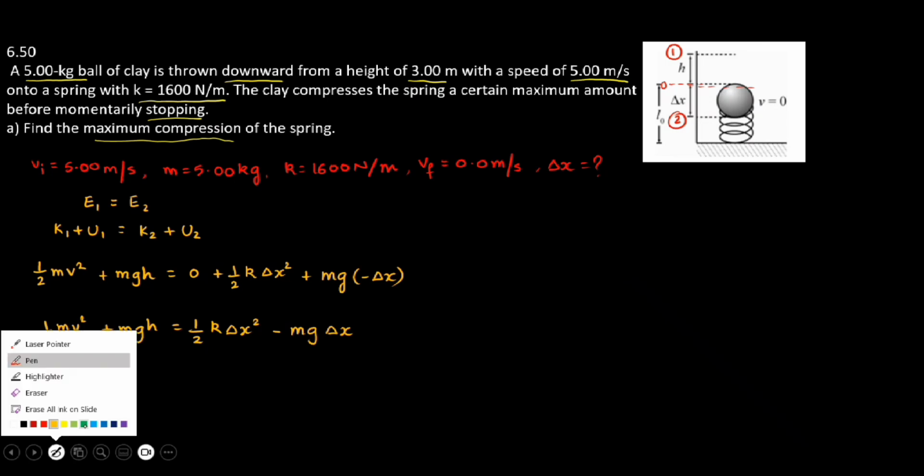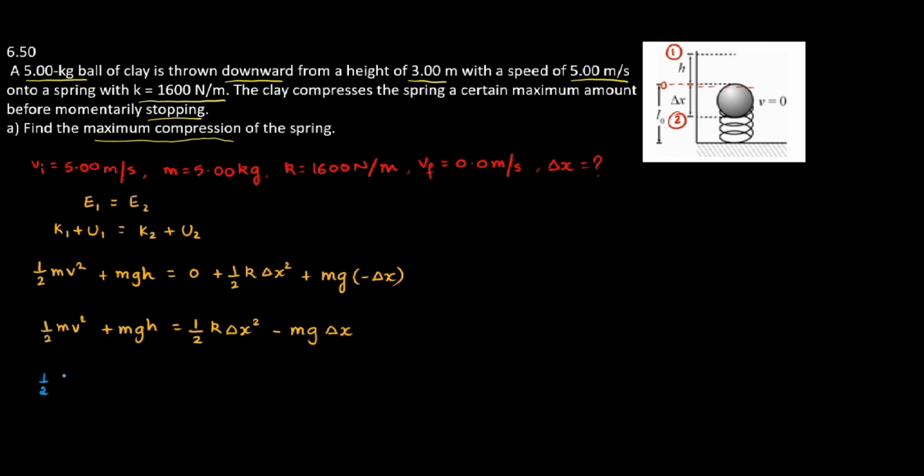I will write half, mass of the ball is 5, speed of the ball is also 5, squared, plus 5 times 9.81 times the height h, which is 3 meter as given in the question, equals half, K is 1600, times delta x, which I don't know, squared, minus 5 times 9.81 times delta x.